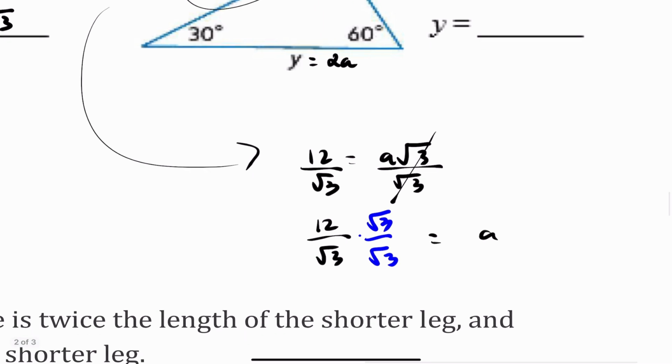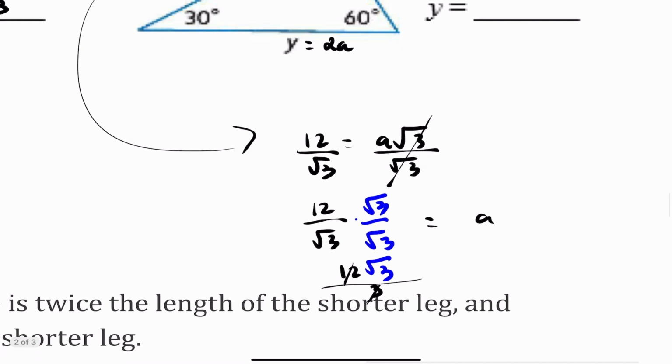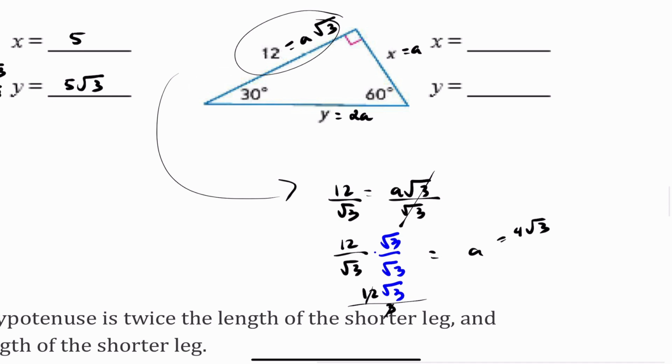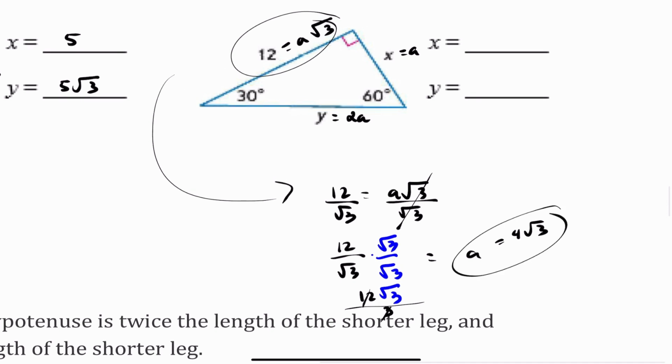So when you're multiplying across, you have 12 root 3 over root 3 times root 3, which is 3, and that's going to simplify to 4 root 3. So a is 4 root 3. That means that x is equal to 4 root 3.